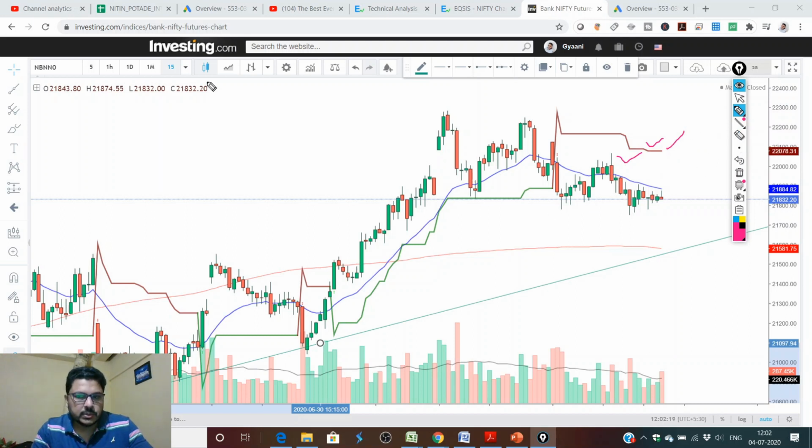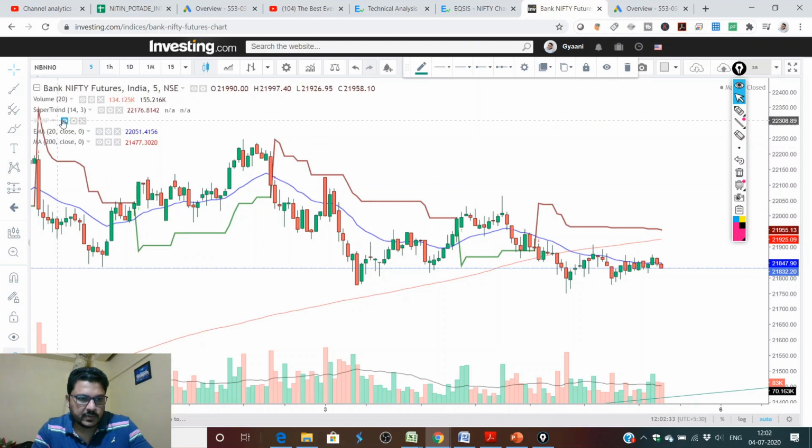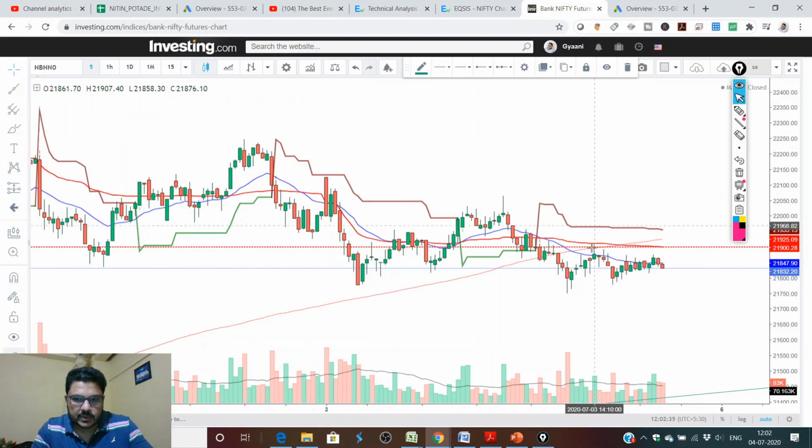Normally how I do it, if you want me to answer that question, I will always look at the 15-minute trend, then I look at the 5-minute super trend based on this, and I also look at the VWAP for a double confirmation.